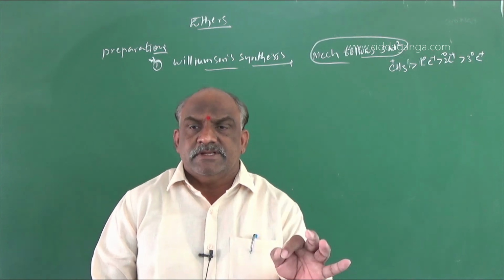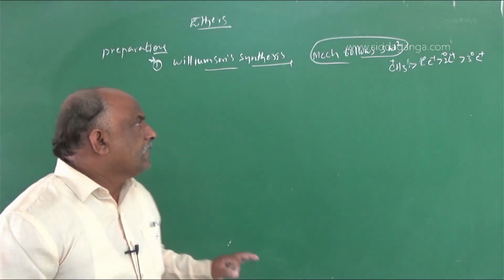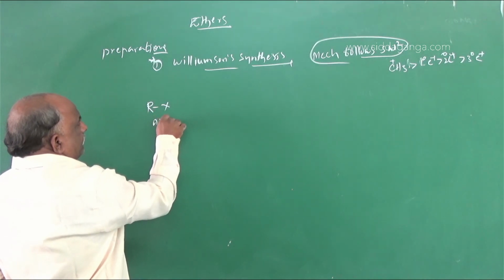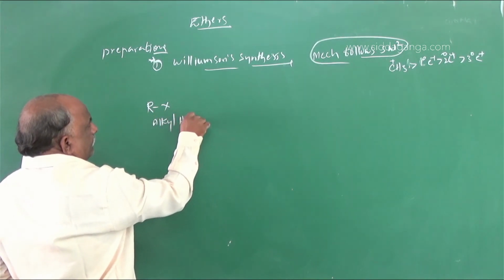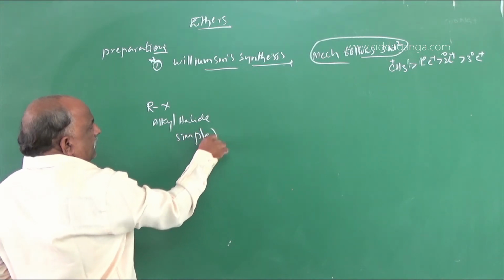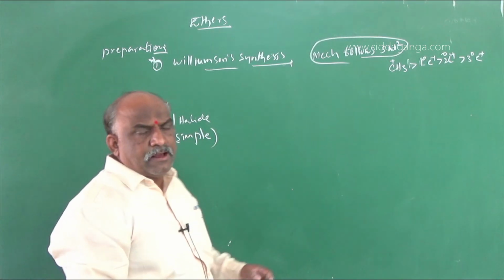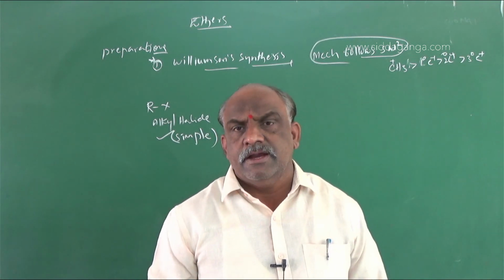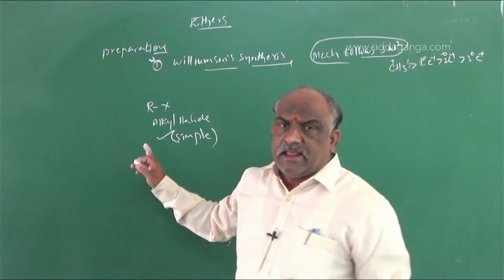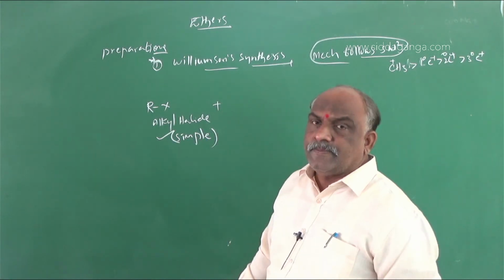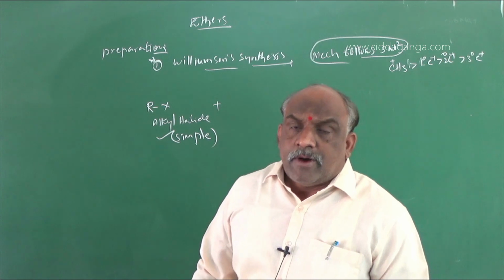So what is Williamson synthesis? RX, alkyl halide. Remember, this is condition number one: the alkyl halide must be a simple alkyl halide, like methyl chloride or ethyl chloride. Plus sodium alkoxide.